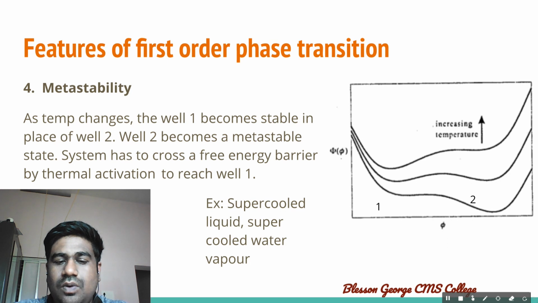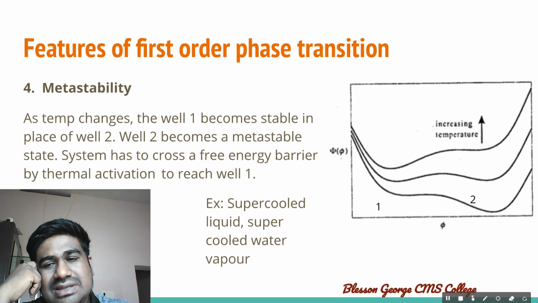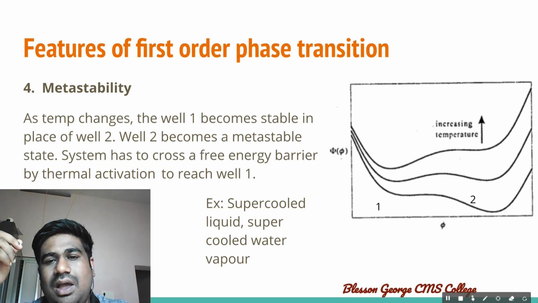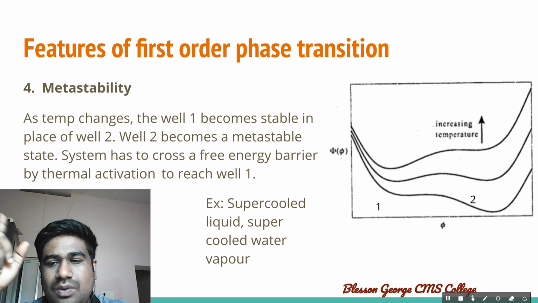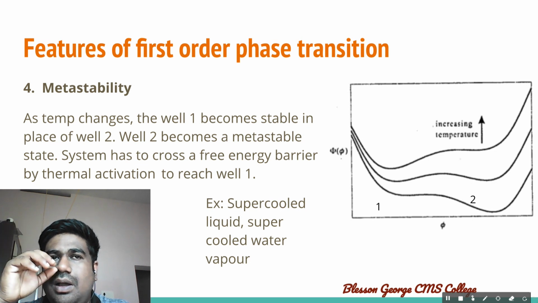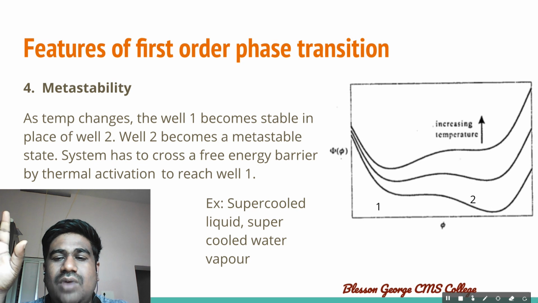So consider supercooled liquid or supercooled water vapor. One interesting example is when water vapor condenses in clouds to form liquid. The temperature decreases, even below the condensation point, the point where it becomes liquid, but still it remains in the water vapor phase.